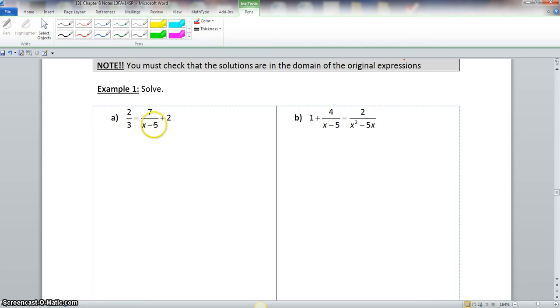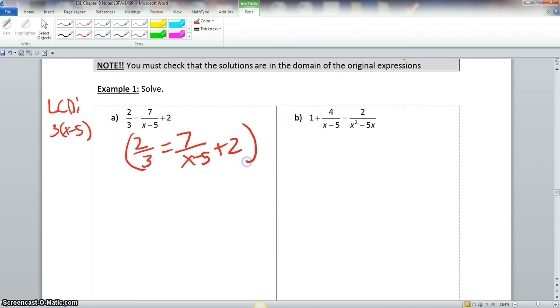The LCD of 3 and x minus 5 would be 3 times the parenthesis x minus 5. So we will multiply this whole equation by 3 times x minus 5.